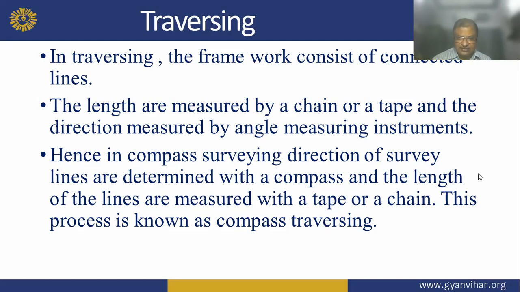Hence, in a compass survey, the direction of the survey line is determined with the compass and the length of the line is measured with a tape or chain, and this process is known as compass traversing. So my dear boy, there are two types of traversing: one is open traversing and one is closed traversing.